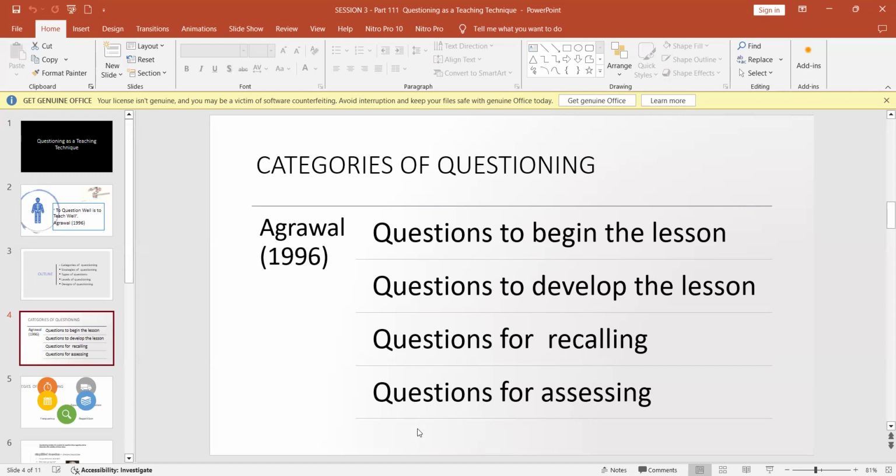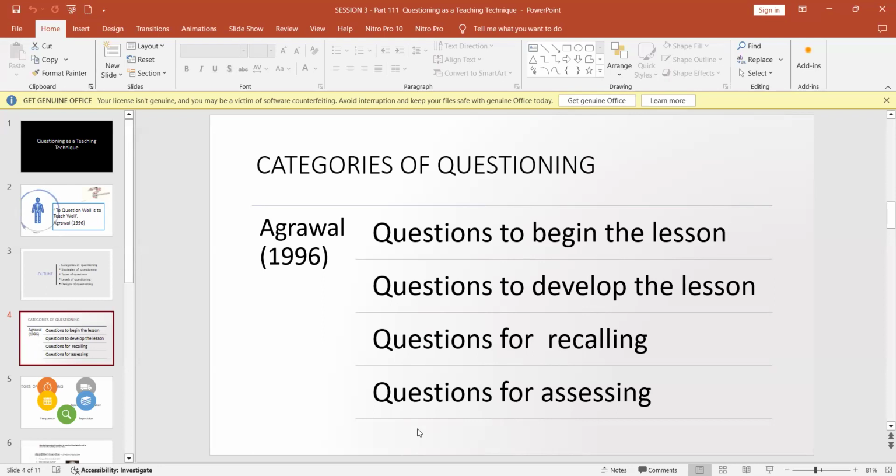To check that, teachers ask questions for recalling. That is one part of the lesson done. Then you move on to the second. So you can ask questions from the first part to recall that knowledge and then move on to the second part. Very good. That is actually to see whether they remember, whether they recall, whether they have understood. That is also during the lesson.